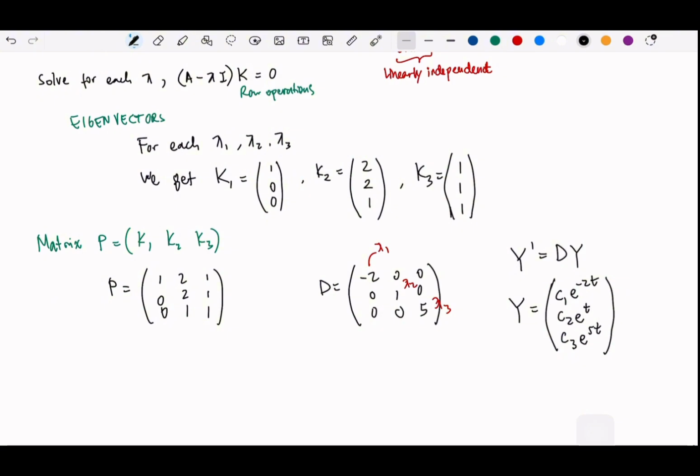Now the solutions, since x is equal to Py, then our solutions will be x equal P, which is 1, 0, 0, 2, 2, 1, and 1, 1, 1. We need to multiply all of them with this y.